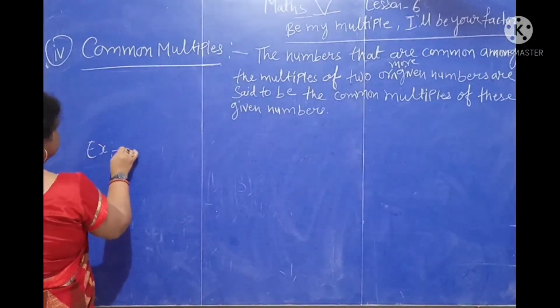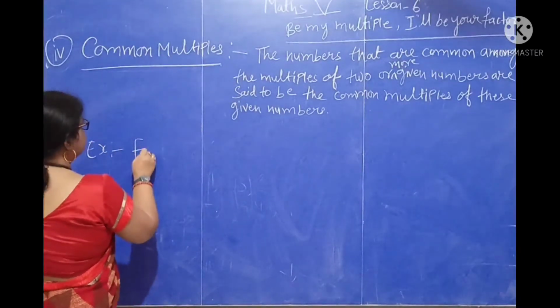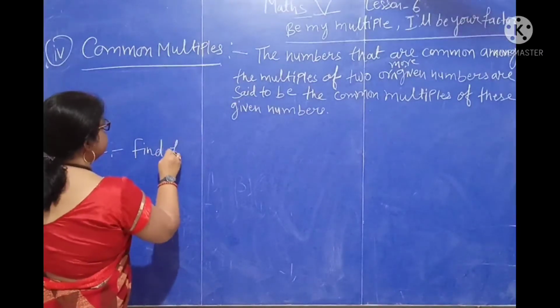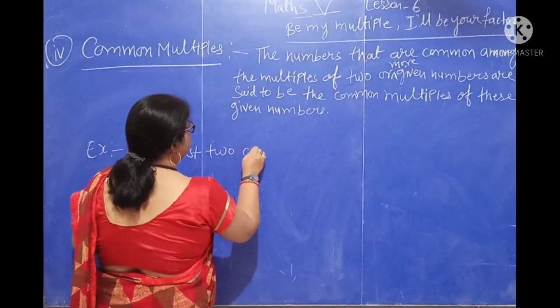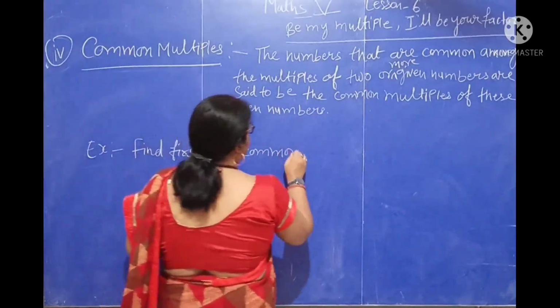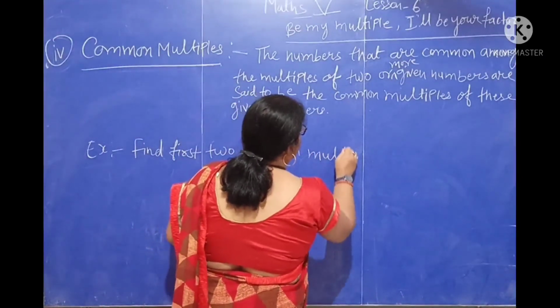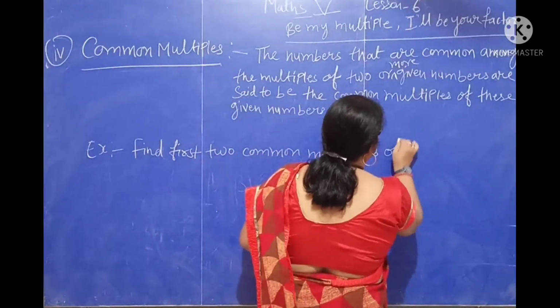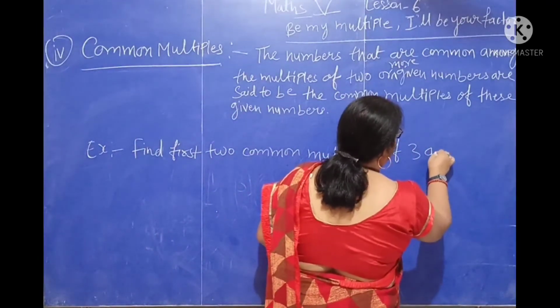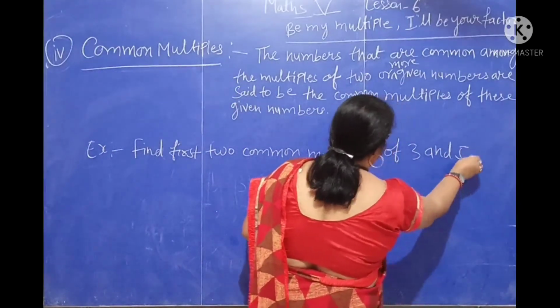Example: find the first two common multiples of 3 and 5.